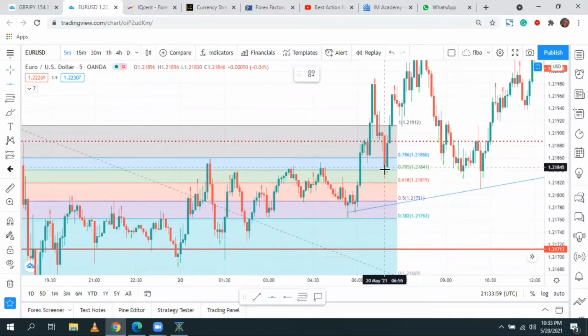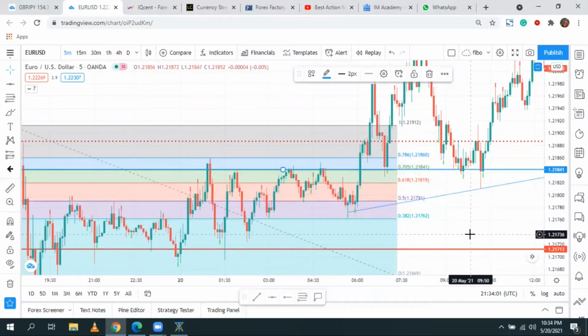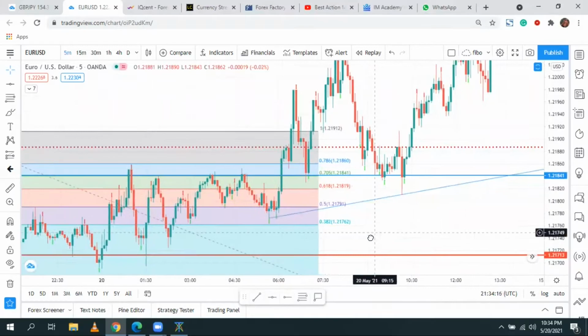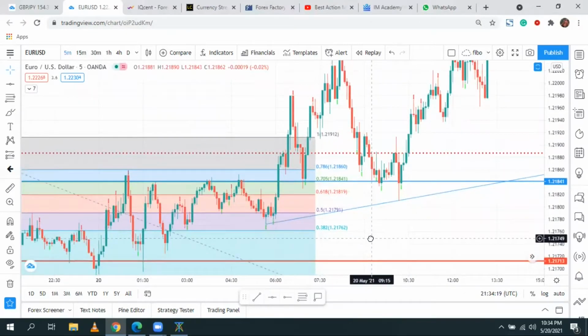See this right here. This was a resistance, it was a resistance, it was a resistance. And when it was broken here, it was support, right? It's nice support here, which was our 705 level of our fib, but it should not be so at that time. It will be our 705.